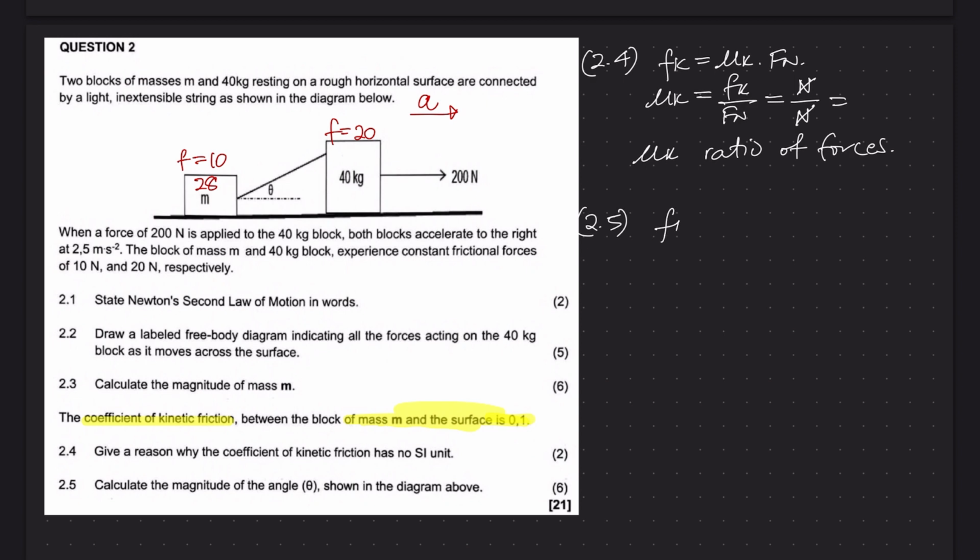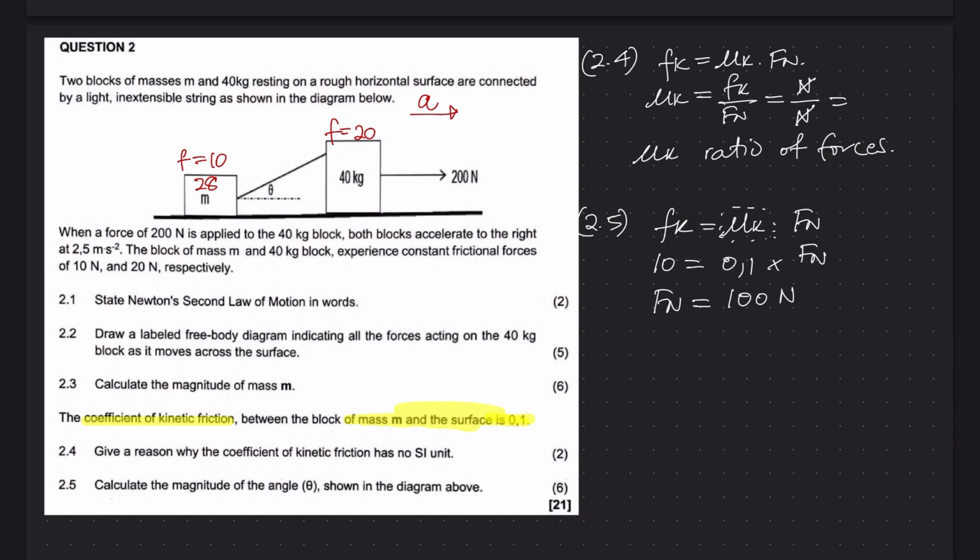So we can say Fk equals mu k times Fn. We know the friction for this block is 10. We know that the coefficient of kinetic friction is 0.1, that was given to us, multiplied by Fn. So what we can do is calculate Fn. So Fn is going to equal 10 divided by 0.1, which is 100 newtons.